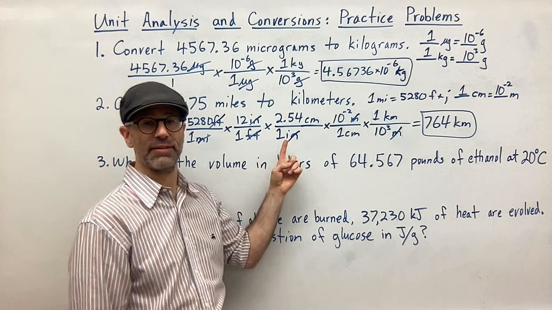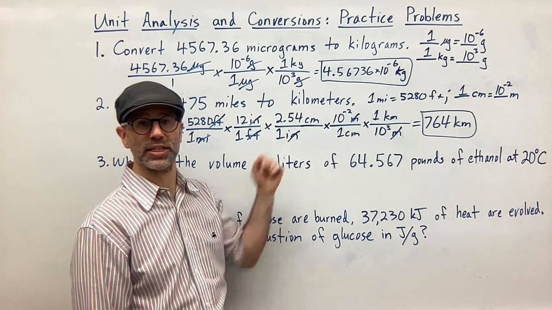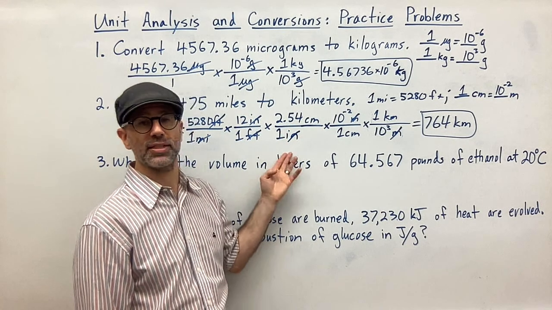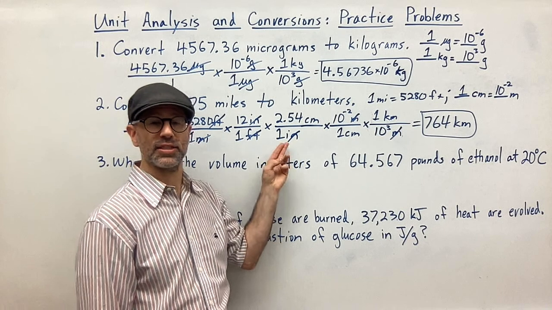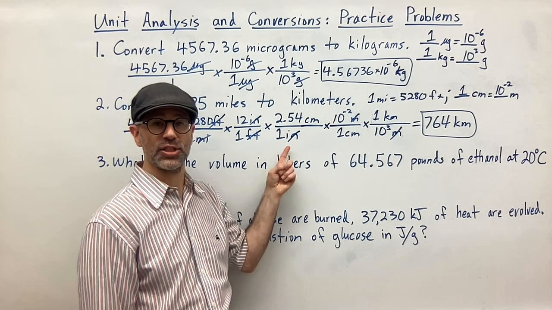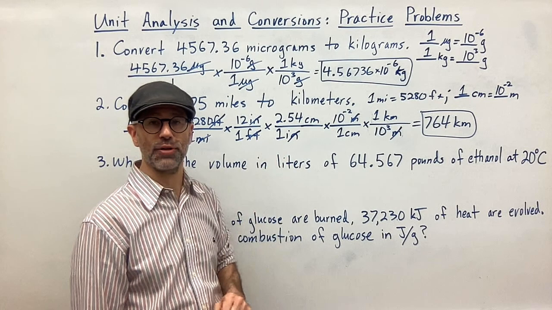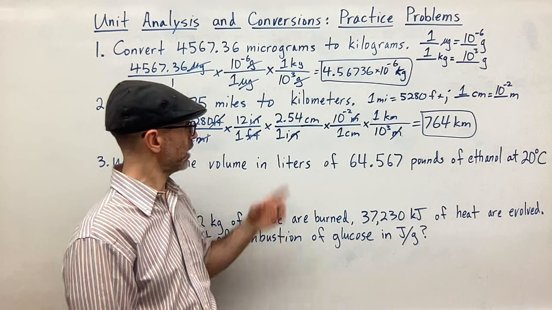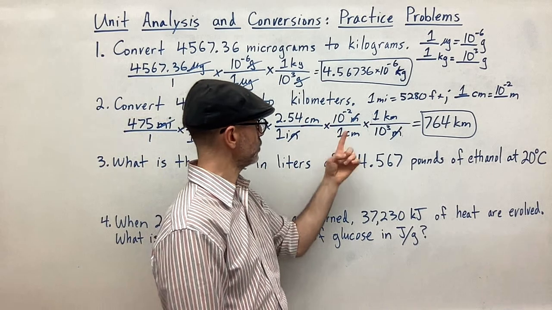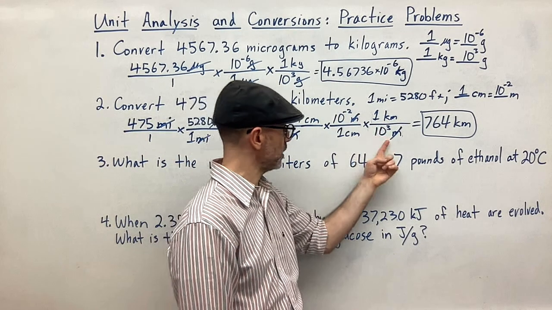Now here we have English inches to metric centimeters. You would think that this is going to be a measure, but this is one of the exceptions. So this is going to be exact. So 1 inch is exactly equal to 2.54 centimeters. Okay, so that's exact. And then here we have our 2 metrics, so centimeters to meters and meters to kilometers.